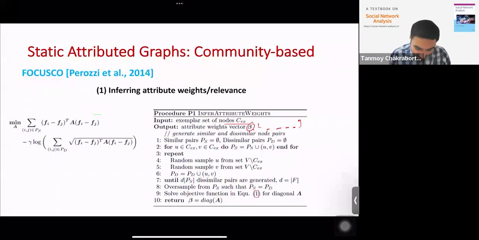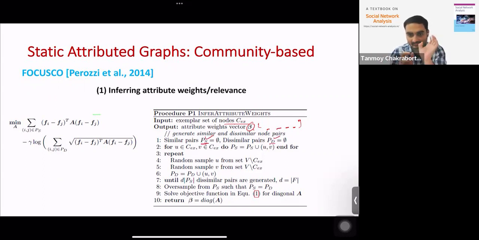So let's take 2 sets, PS and PD. S stands for similarity, D stands for difference. So PS is a set where I will keep adding similar nodes, and PD is a set where I keep adding dissimilar nodes.